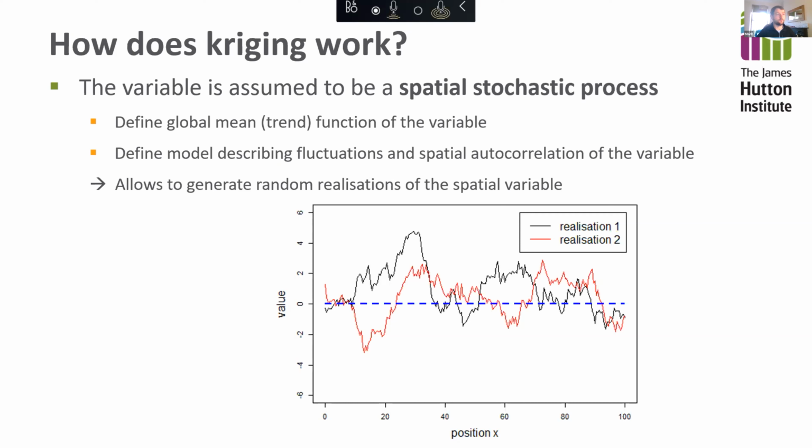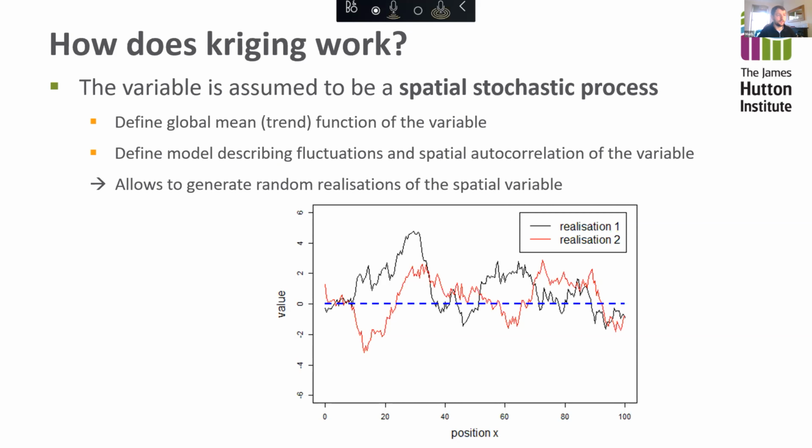So when you do this kind of kriging you need to define a global mean or trend function for the variable you're considering, and you also need to define a model that describes the fluctuations and the spatial autocorrelation of the variable.